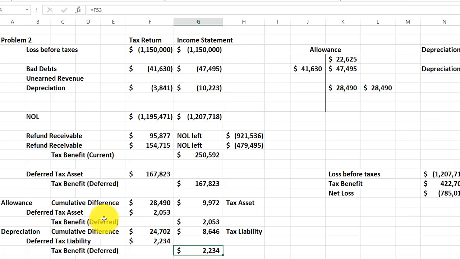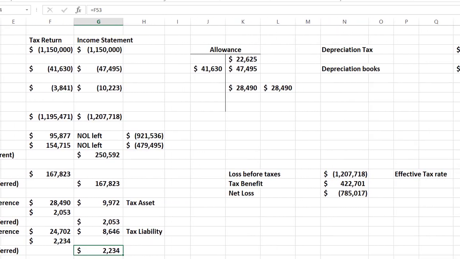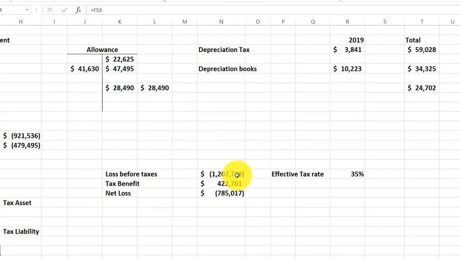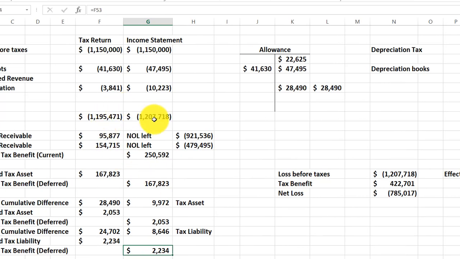Usually if it's a benefit, since everything is going to be lowering the taxes on this one, we use the term tax benefit, but tax expense is just fine. Negative tax expense is referred to as a tax benefit. All right, so our loss before taxes, the 1207, 718, tax benefit, again adding up all of these numbers, this number, that number, that number, that number, all add up to 422, get our net loss of 785.